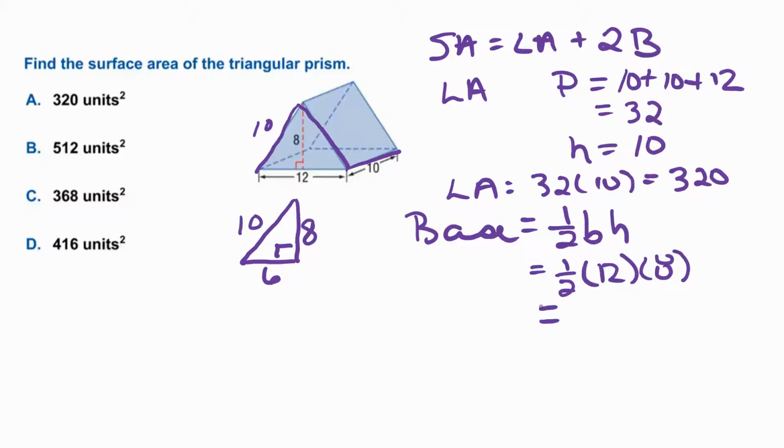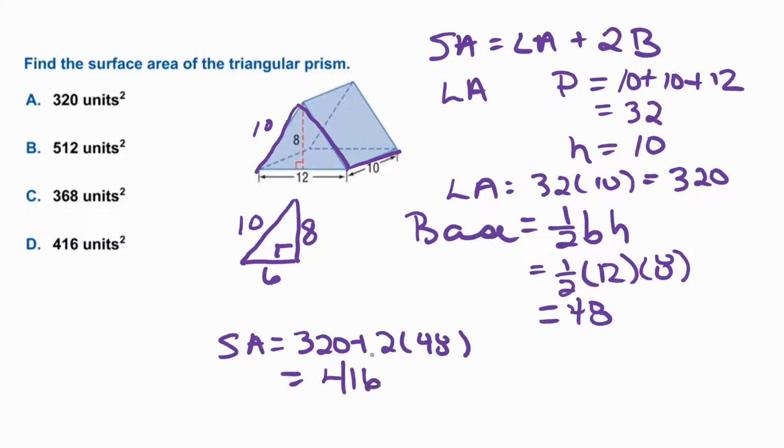So the area of the base would be 1/2 times 12 times 8, so 6 times 8, which gives us 48. So the surface area is the lateral area, which is 320, plus 2 times the base, which would give us 416 units squared.